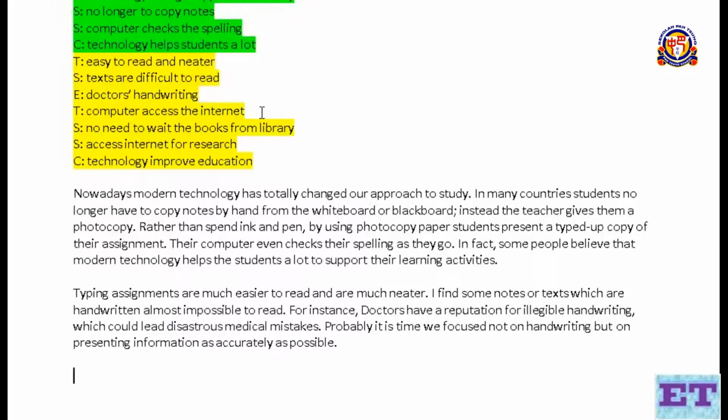Right, so as we know that one advantage of using computers is access to the internet.